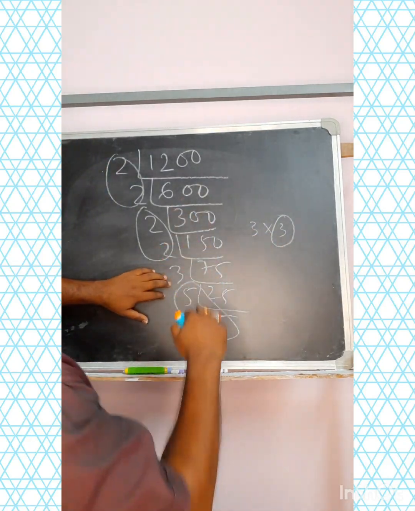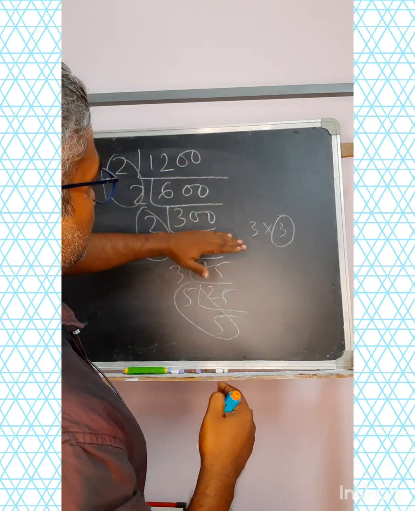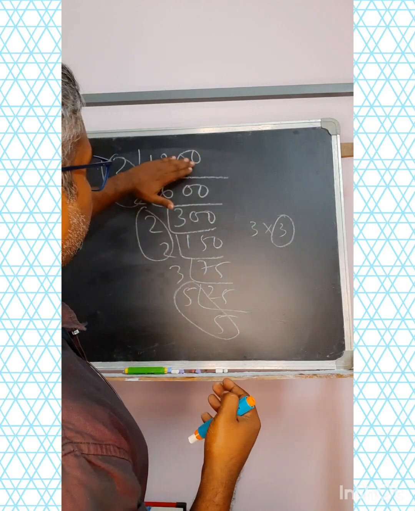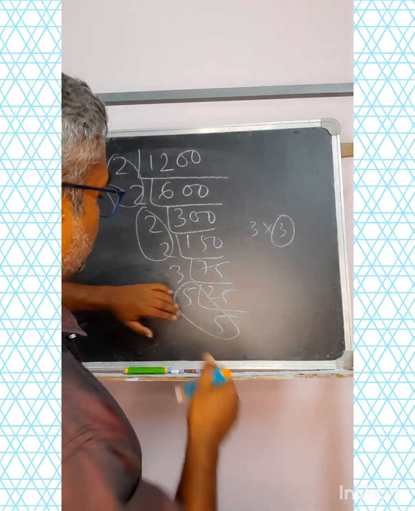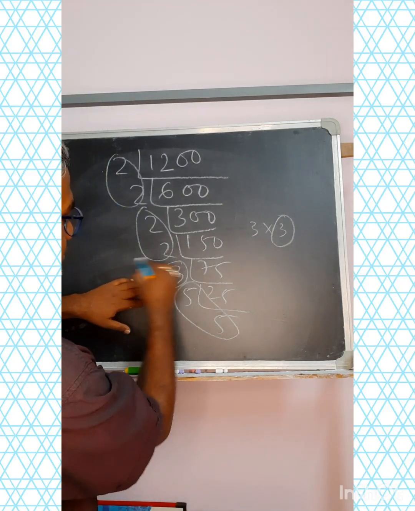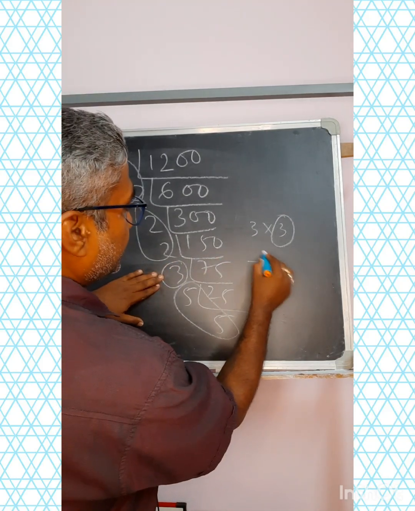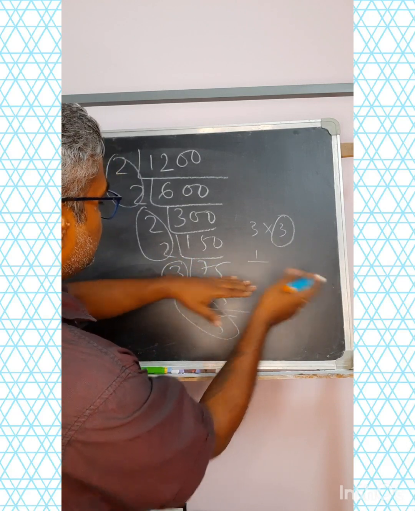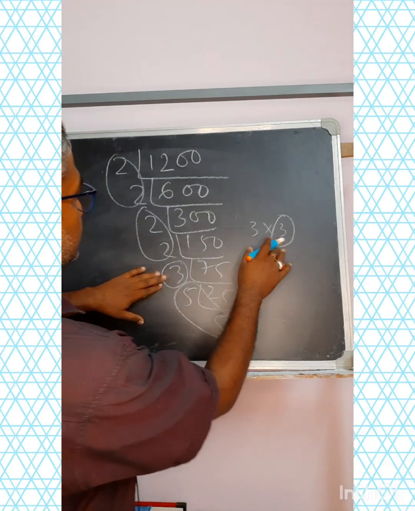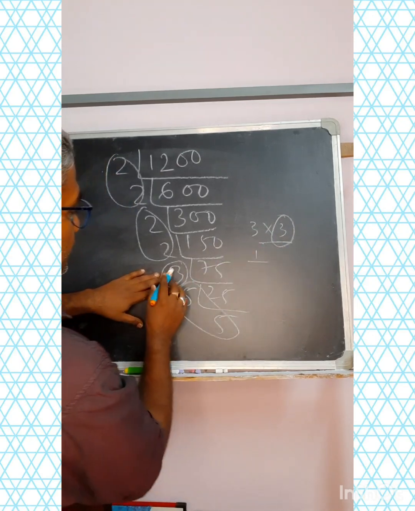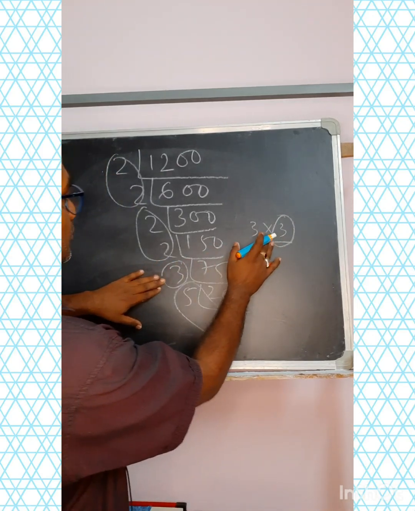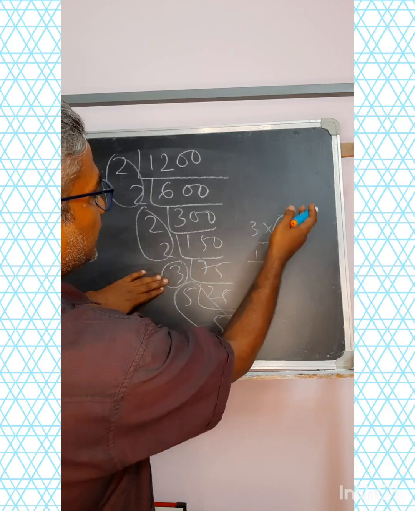Now when you are asked what number should divide this number to get a perfect square, you have to remove this number, so this has to be divided. In case of division you divide by this; in case of multiplication you multiply by the same number to get a pair. Here you have to remove this 3 for division, or bring another 3 to make it a perfect square.